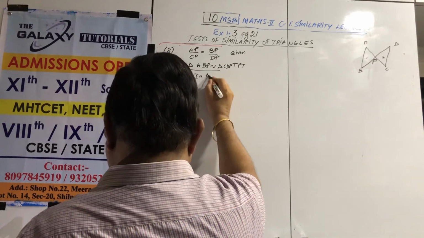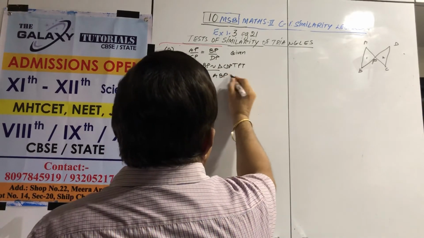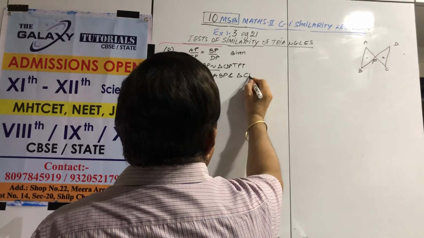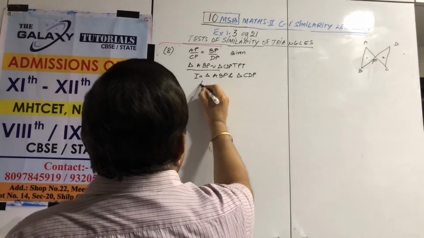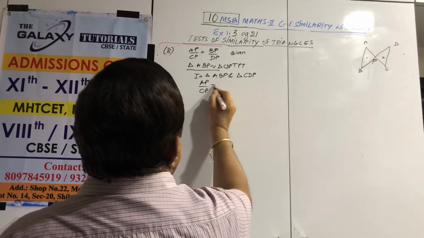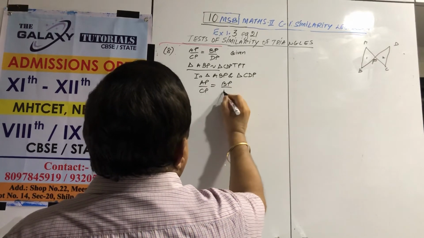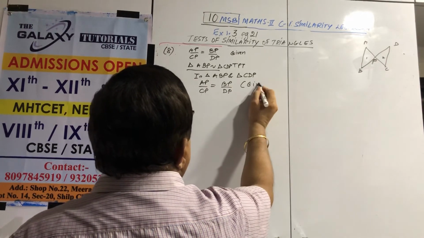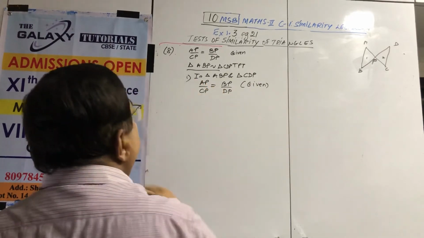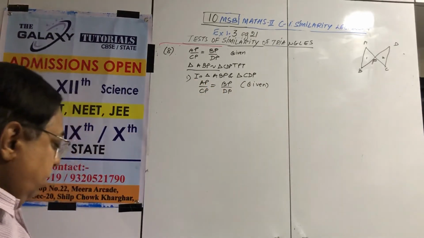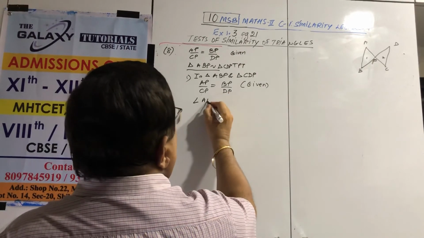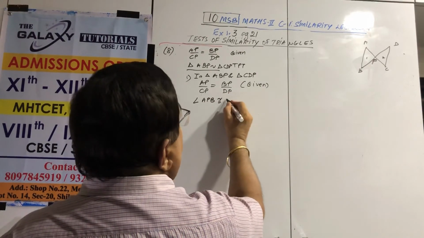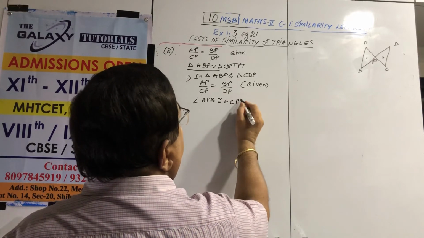In triangle ABP and CDP, take those triangles which they have asked. They have given us AP upon CP is BP upon DP, given. And angle APB is congruent to angle CPD.